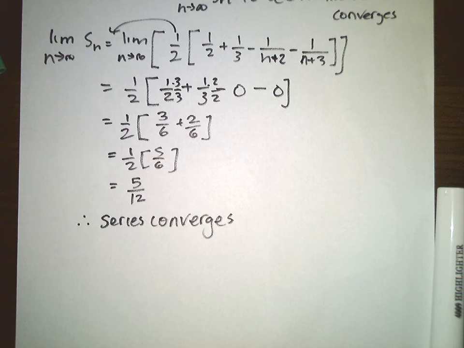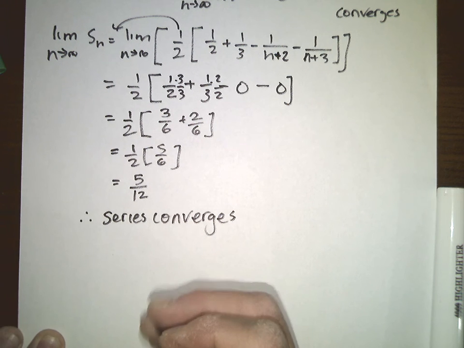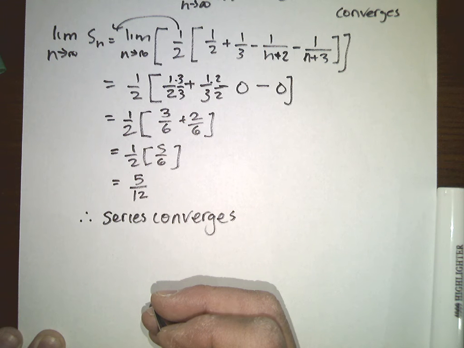Oh no, I have a problem with my calculator. That's what it is. I think I told you that the calculator was doing something weird. But remember that this actually isn't what the series converges to. This is what the partial sums converge to.